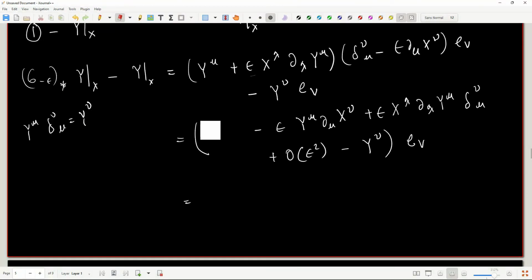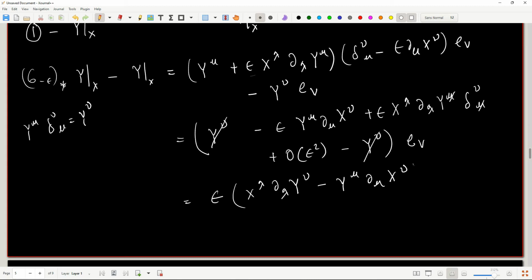So let's write y nu directly. Y nu, these two terms cancel each other out. All the order epsilon square terms are gone from the calculation. So if I factor out this epsilon, what I have is x lambda del lambda of y of mu. Oh yes, there is another delta over here, so this will make this mu as nu. And then I have this term minus y mu del mu x of nu, right? Now let's call this equation 2.